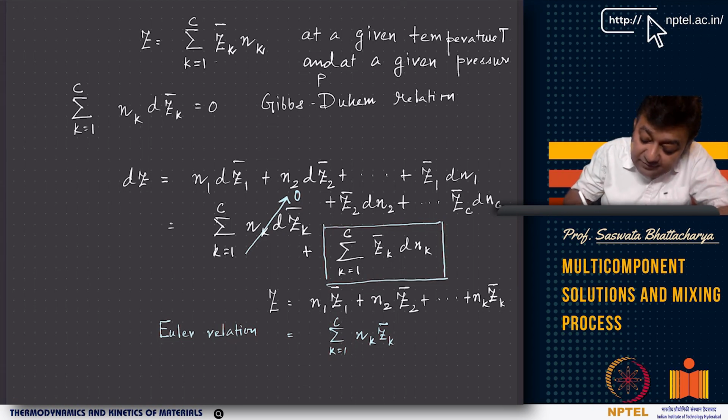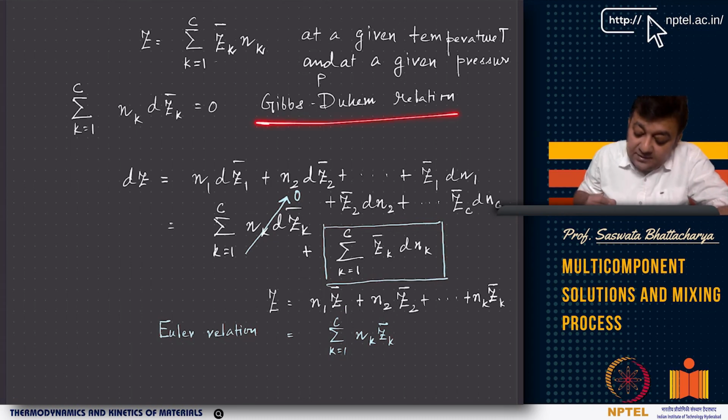You do have to remember the Gibbs-Duhem relation, which is nk dzk bar. If you take a differential of the partial molar property and weight it with the mole number, then the sum of these will always go to 0. That's the Gibbs-Duhem relation, right?